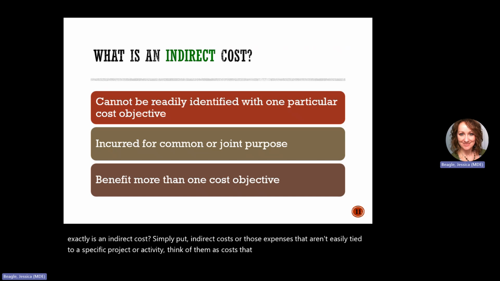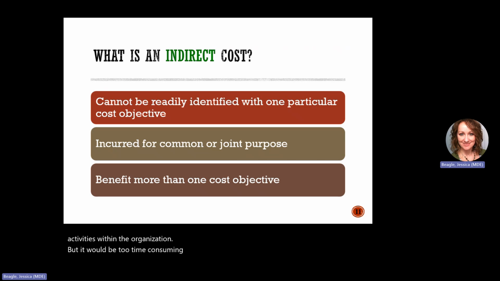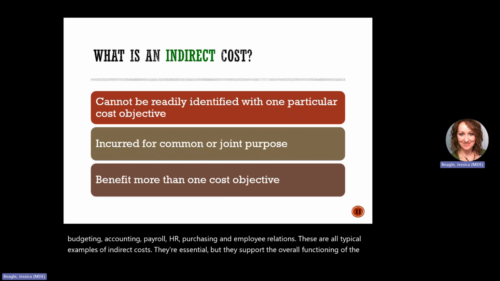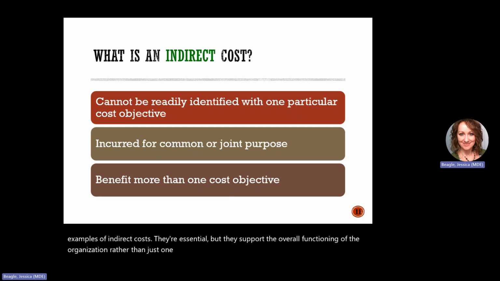But it would be too time consuming or costly to assign these to just one project or activity. And like we said earlier, the examples include administrative costs like salaries, auditing, budgeting, accounting, payroll, HR, purchasing, and employee relations. These are all typical examples of indirect costs. They're essential, but they support the overall functioning of the organization rather than just one specific project.